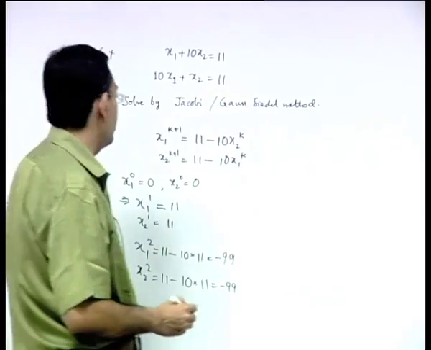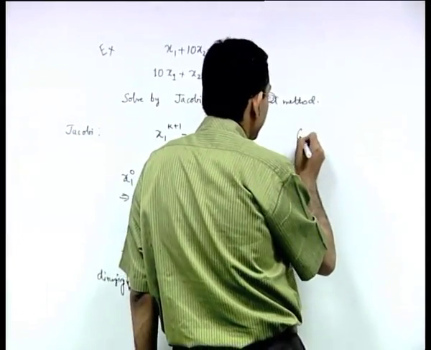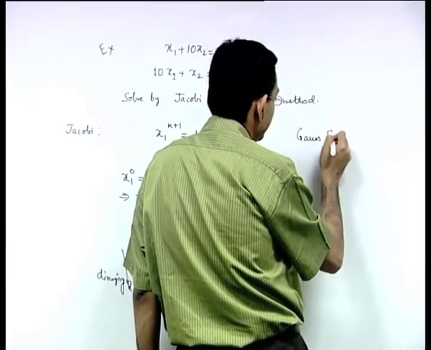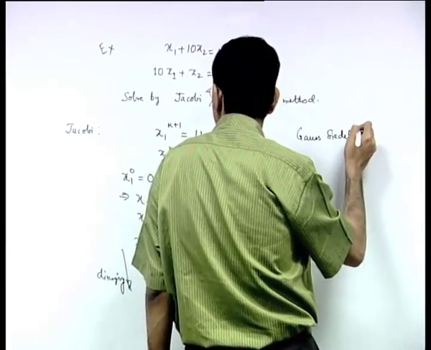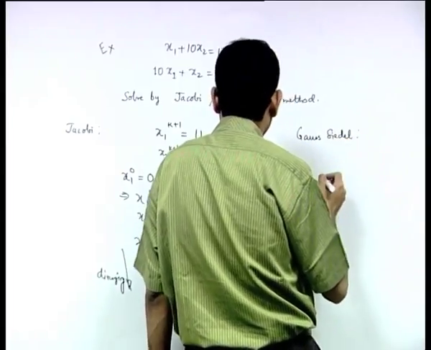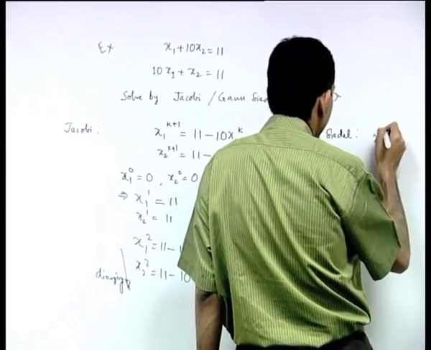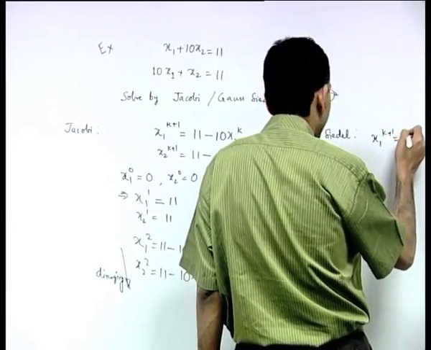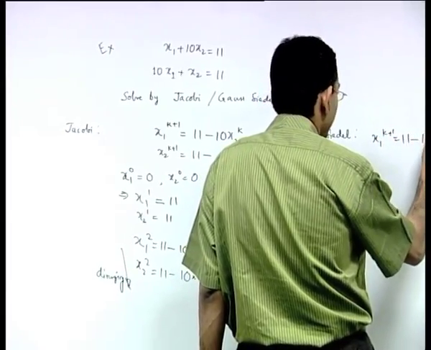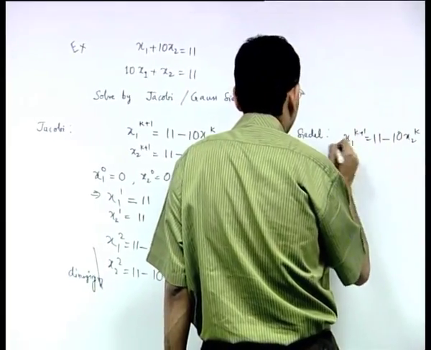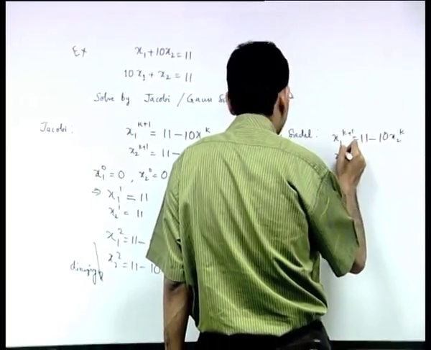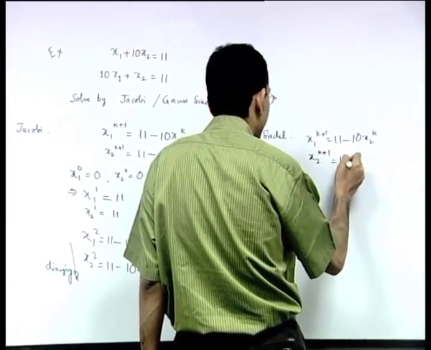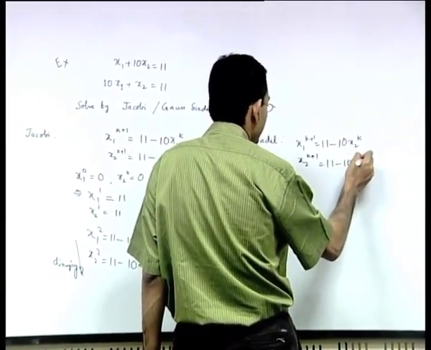Let us consider the Gauss-Seidel method. The first step is the same, x1 k plus 1 is equal to 11 minus 10 x2 k, x2 k plus 1 is equal to 11 minus 10 x1 k plus 1.